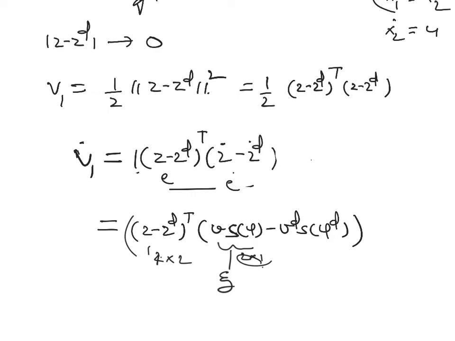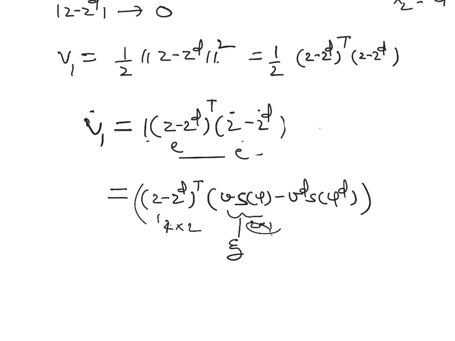So till here things are simple. Our zeta, I'm choosing this. What should I choose? The first thing will be to cancel this out, so that will be v desired s psi desired, and then maybe some k1 multiplied by z minus z desired.